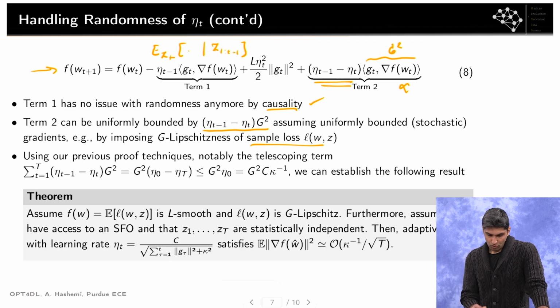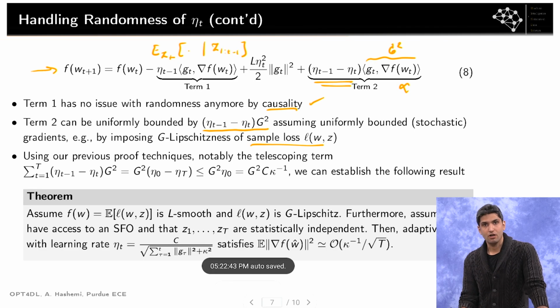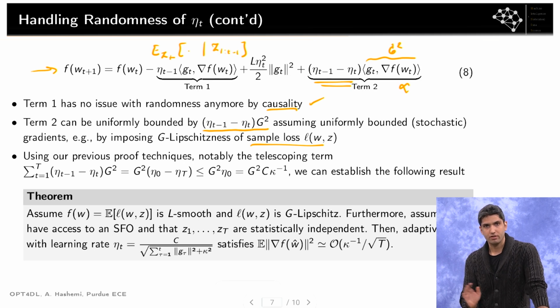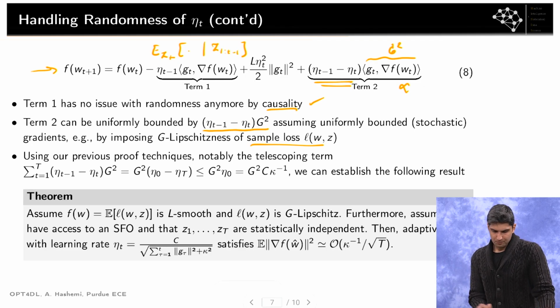And fortunately, that is actually the case, that this difference will be always non-negative, and the reason for that is the second property of our learning rate, which was non-increasing. So eta t minus 1 is always at least as large as eta t, so this difference is positive. I can, using the Lipschitz assumption and the Cauchy-Schwarz inequality, bound the second term with just this difference times G squared, okay?